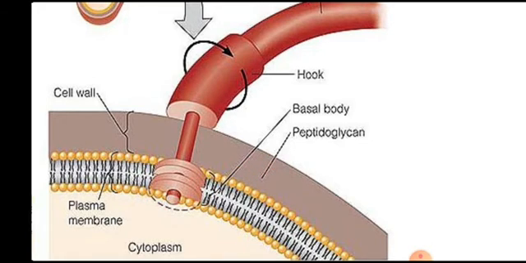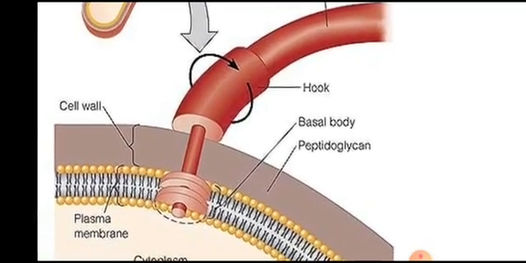So likewise, in comparison to the structure of flagellum in gram-negative bacterium, the structure of flagellum in gram-positive bacterium is simple as it contains only two rings around a central rod.